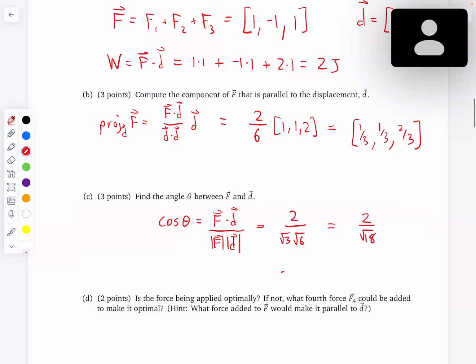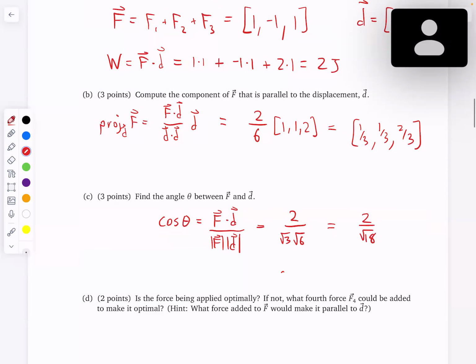So it looks like if we add the vector 0, 2, 1 that would work. So F4 equaling 0, 2, 1 would lead to the resultant vector. So F plus F4 would then actually just equal D. It would be 1, 1, 2, which equals D. And so that would be the force you needed.